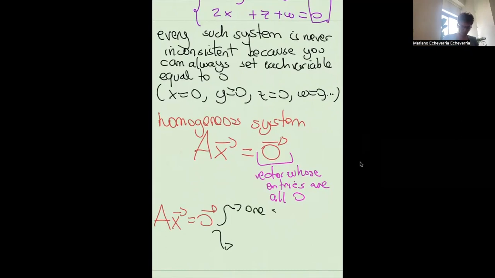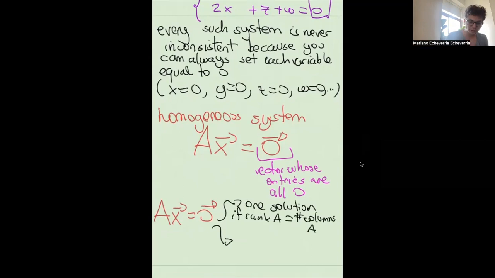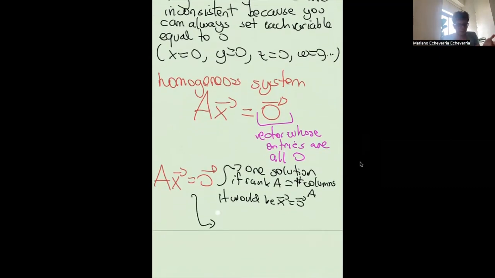So there could be one solution if the rank of A equals the number of columns of A. In this case, that solution has to be the one that we just found, x equals 0, the solution you get by setting each variable equal to 0. Or you can still have infinitely many solutions if the rank of A is less than the number of columns.